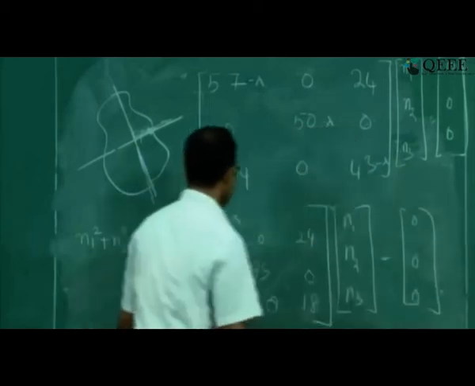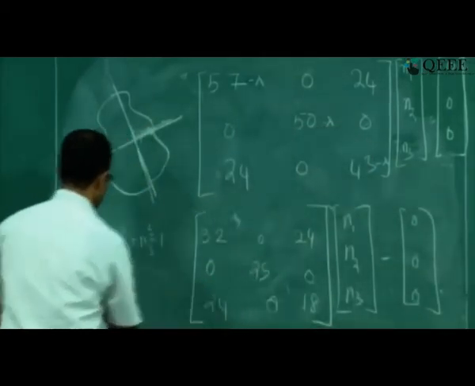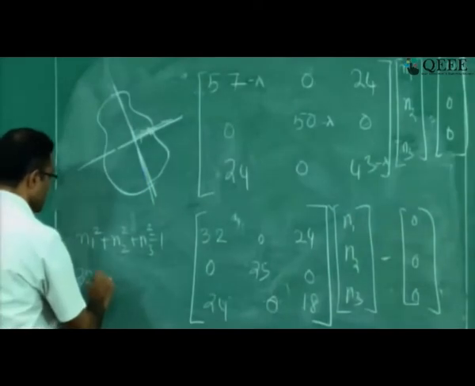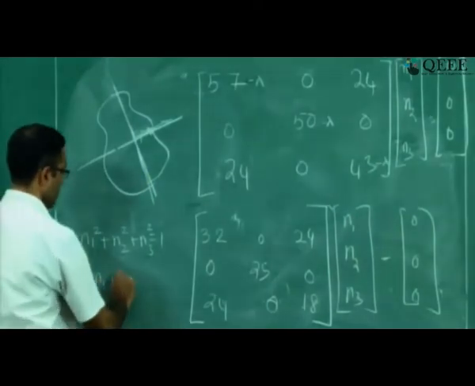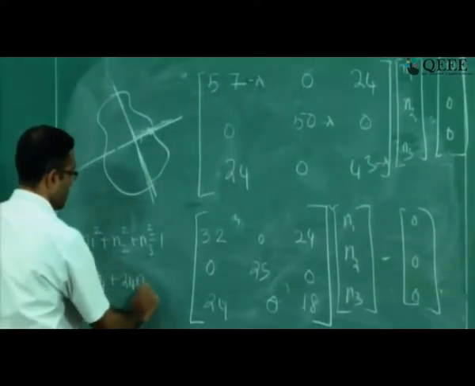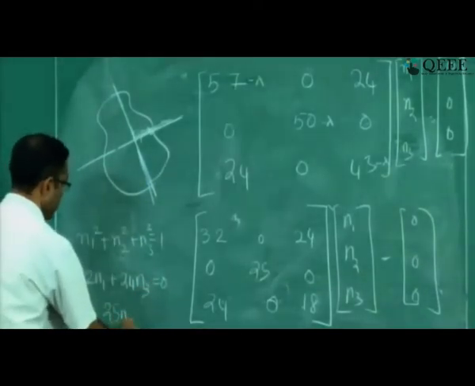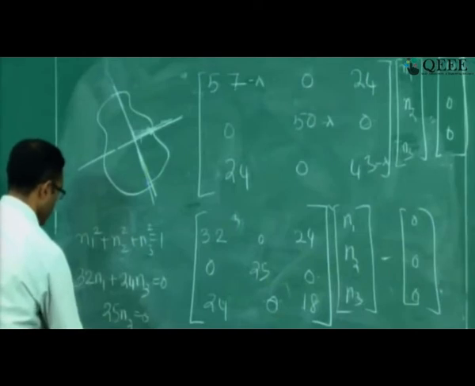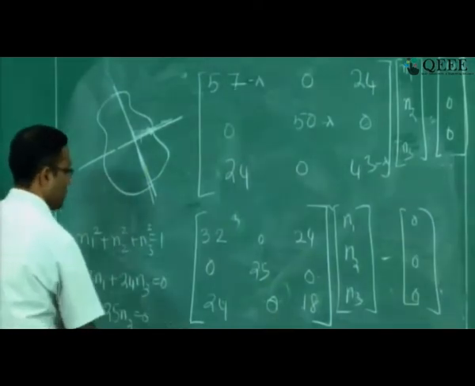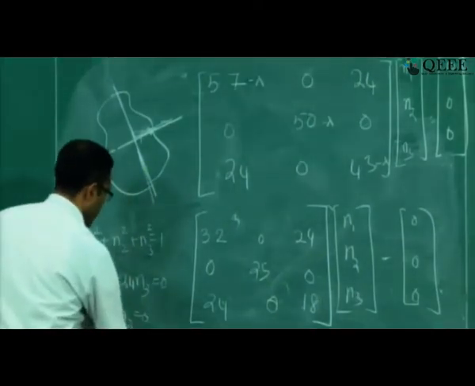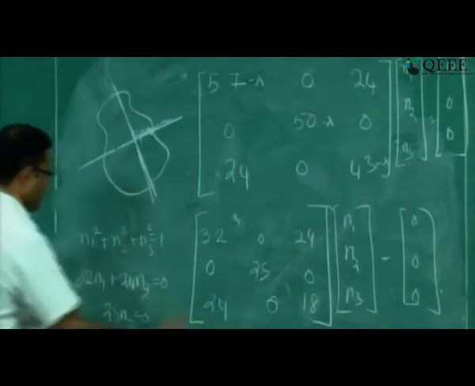So like what you do in linear equations, you can write this down, right? It becomes 32 times n1 plus 24 times n3 is equal to 0, 25 times n2 is 0, 24 times n1 plus 18 times n3 is 0.